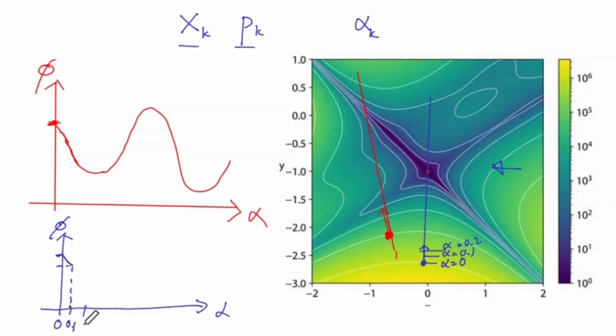Alpha equal to 0.2, it is lower some more. If you consider the whole line, maybe you get a curve like this. The lowest part refers to where alpha is this value. Let's say this is alpha n.